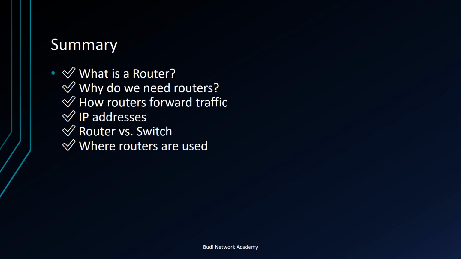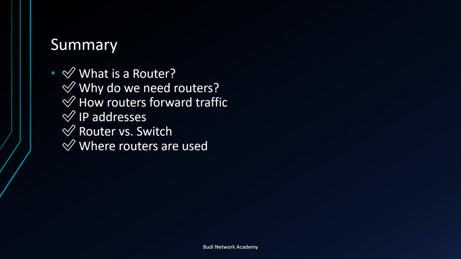Before we finish, let's quickly review what we have learned today. A router is a networking device that connects different networks and forwards data between them. We learned why routers are needed and how they allow our local network to communicate with other networks, including the internet. We also introduced IP addresses, which are an important part of how routers forward traffic.